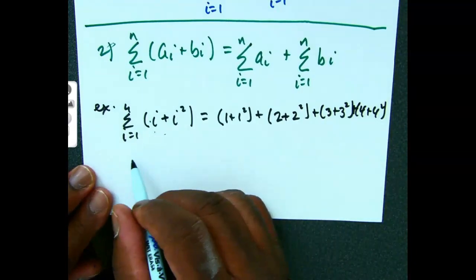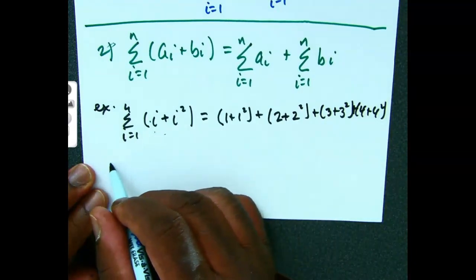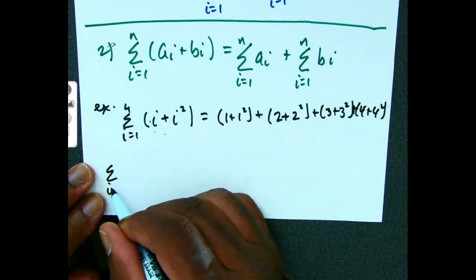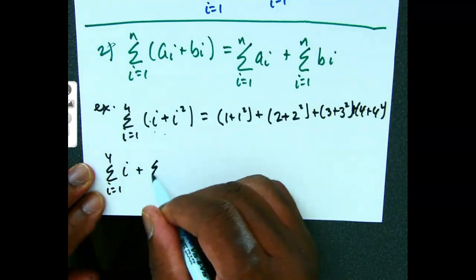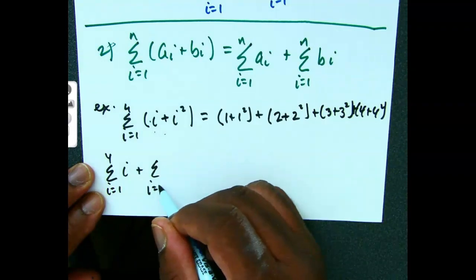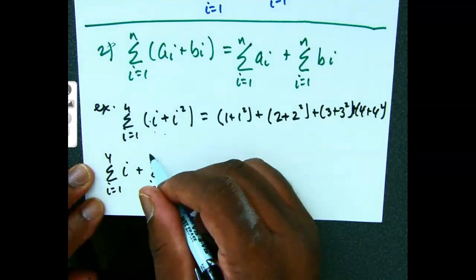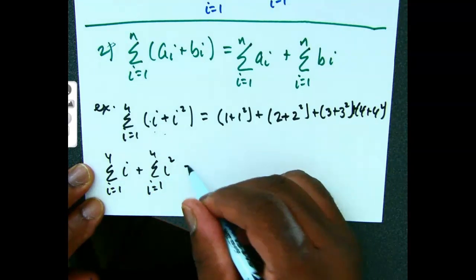Now, when we break those apart, the summation i equals 1 to 4 of i plus the summation i equals 1 to 4 of i squared.